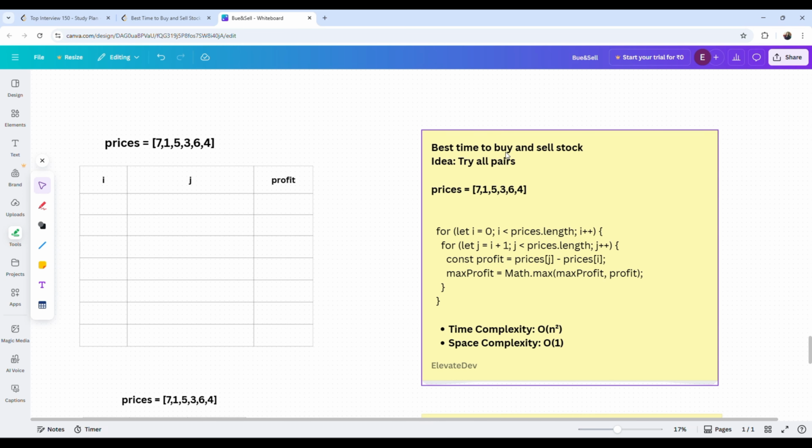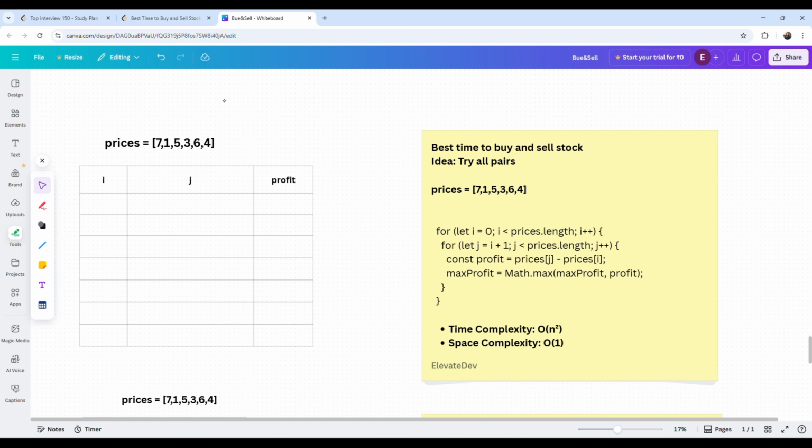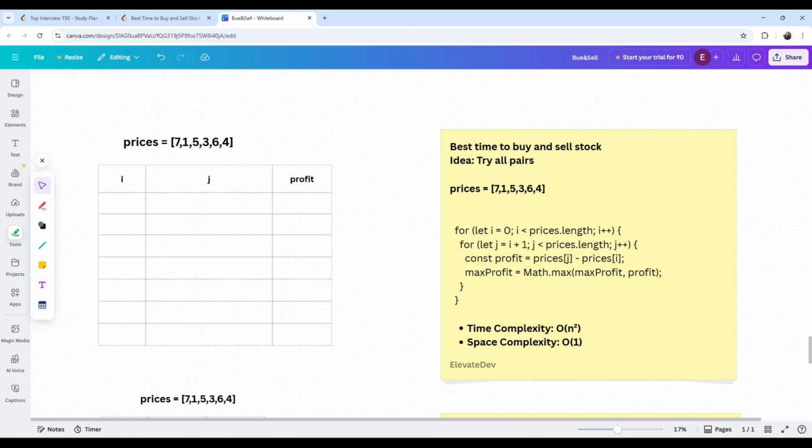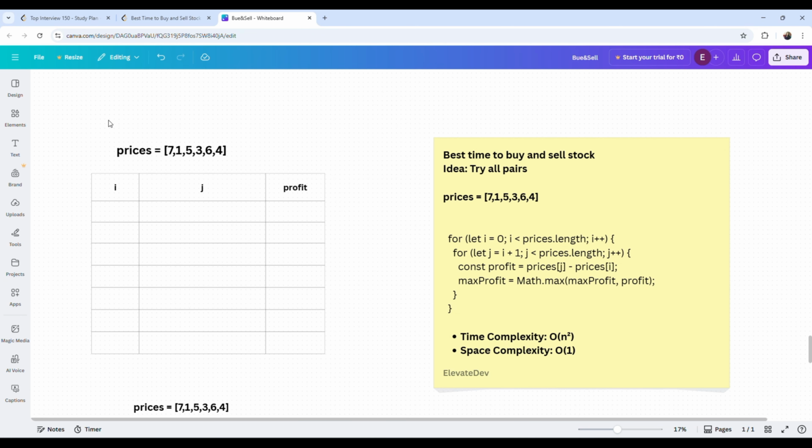In this case, we start from 0 and go up to the length of the array. We try with the 0th index, so when i equals 0, we are starting from i equals 0.